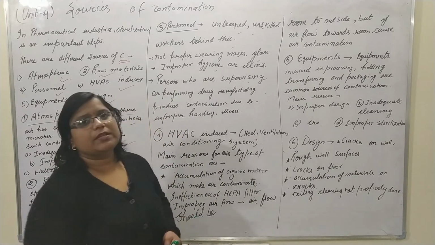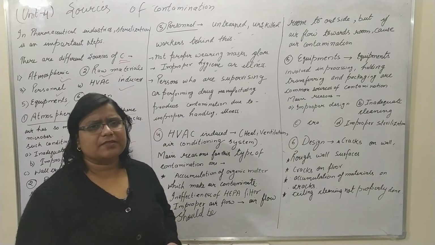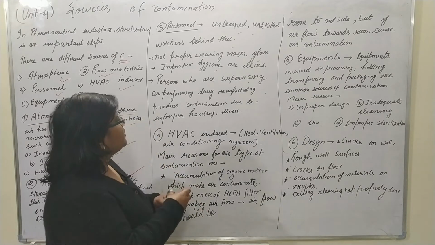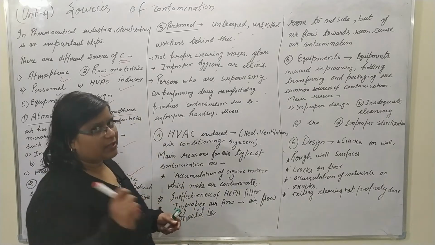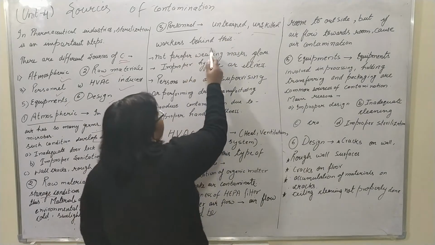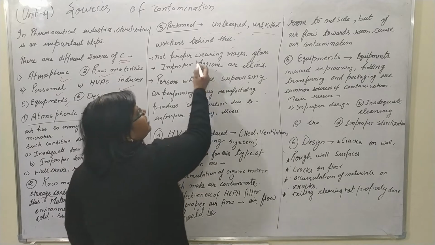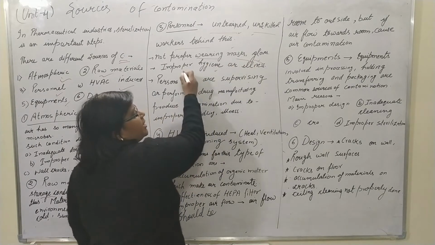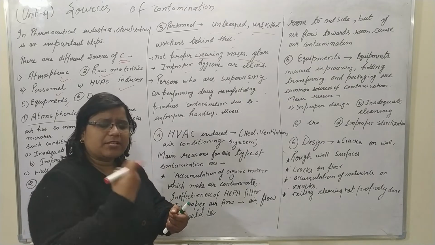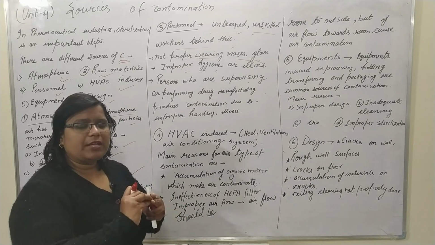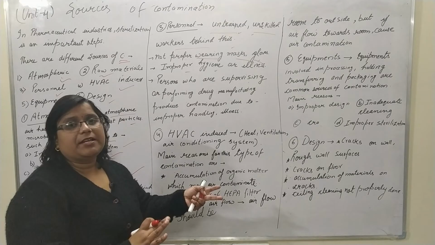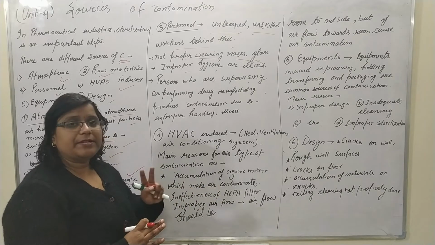Now third is the personal. Personal is related to the unskilled or untrained persons who work in, supervise, or perform the drug manufacturing. If these untrained, unskilled workers are not properly wearing masks and gloves, then maybe some proteins from their body skin will interact with the product, and it will contaminate our complete product.